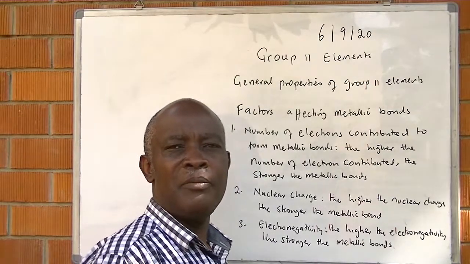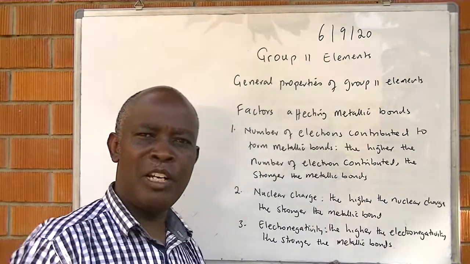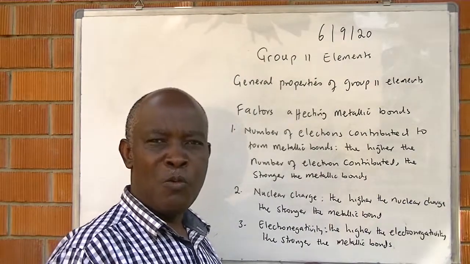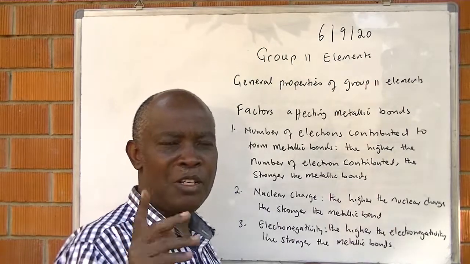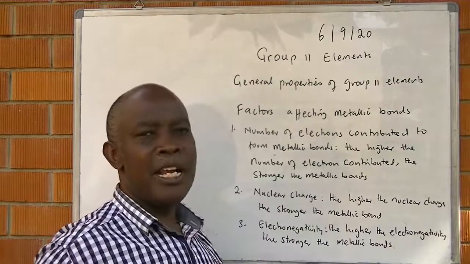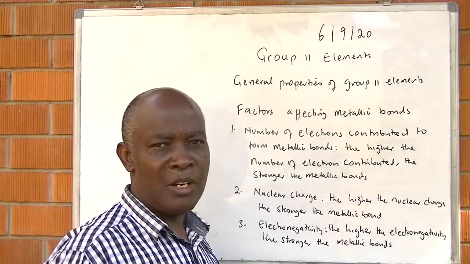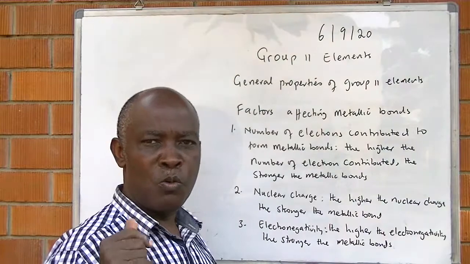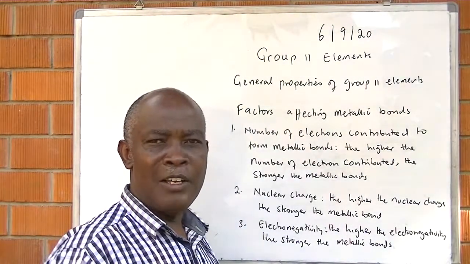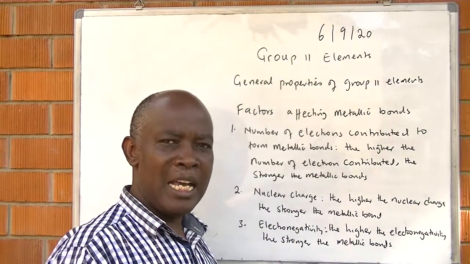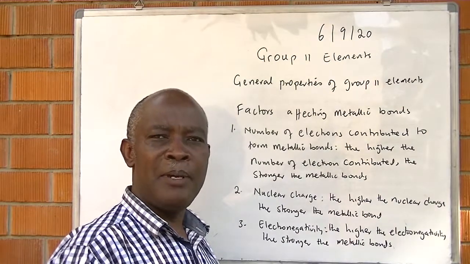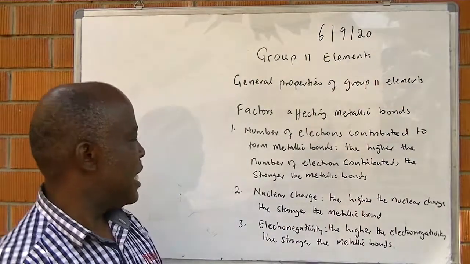For this reason, group 2 elements contribute 2 electrons to the formation of metallic bond, while group 1 elements contribute 1 electron. For this reason, the metallic bonds in group 2 are stronger than the metallic bond in group 1. So, the strong metallic bonds in group 2 are responsible for the higher melting and boiling points of group 2 elements compared to group 1 elements.